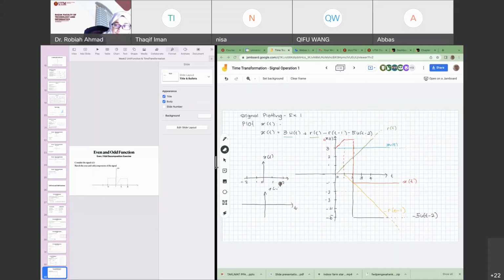You learn about the reversal last week. So okay, draw the reversal of the signal. And then for even, odd, you add up lah. Okay. That is one way of doing. Tapi kena tengok frame by frame lah. Between minus 1 to 0, 0 to 1, 1 to 2. Boleh?